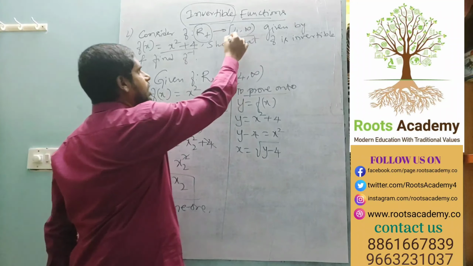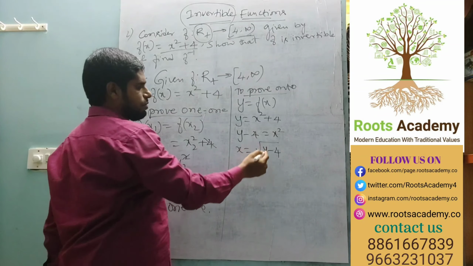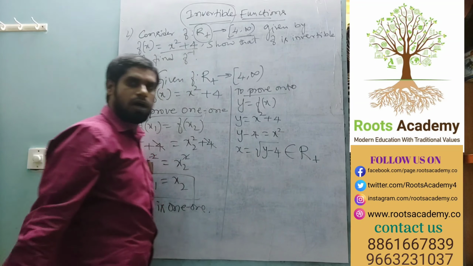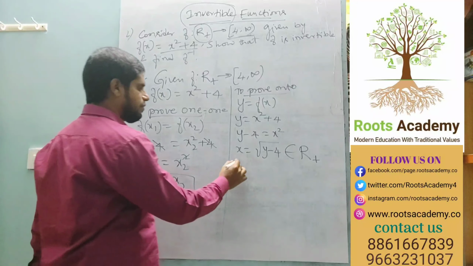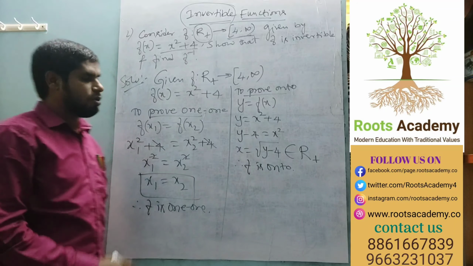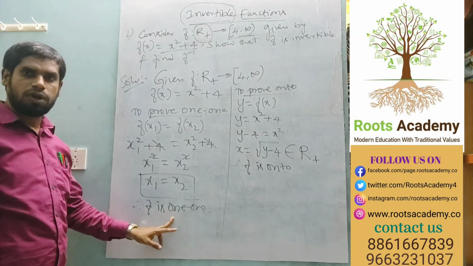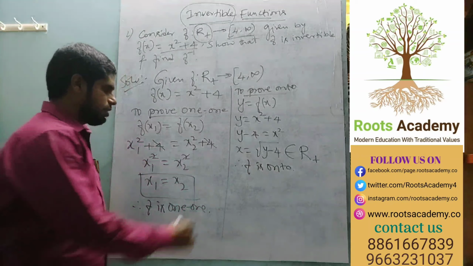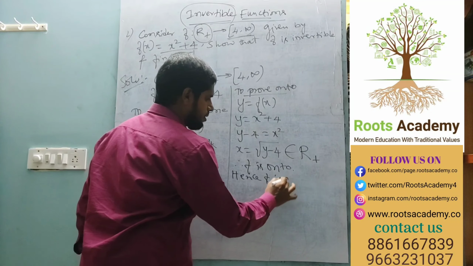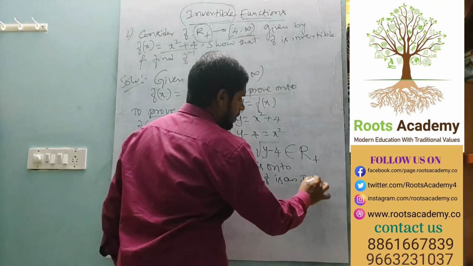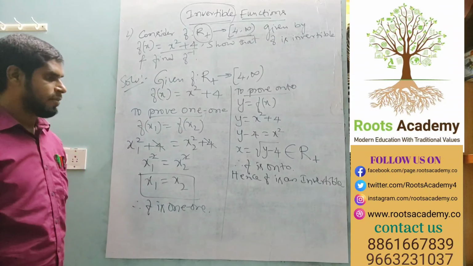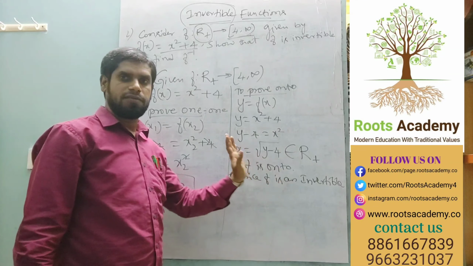Yes, for every value of y, x is always defined in R plus. Therefore, f is onto. When f is one-one as well as onto, then we can declare that hence f is invertible. Now let us find its inverse.